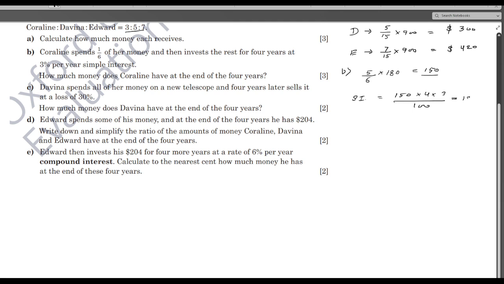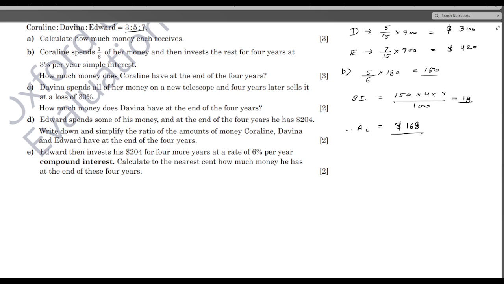So your simple interest is $18 for 4 years, and therefore your total amount at the end of 4 years will be equal to 150 plus 18, that is $168. So $168 is the amount which you have at the end of 4 years.